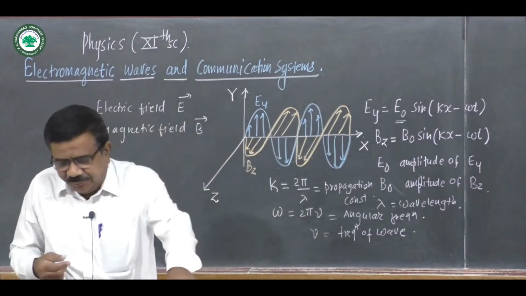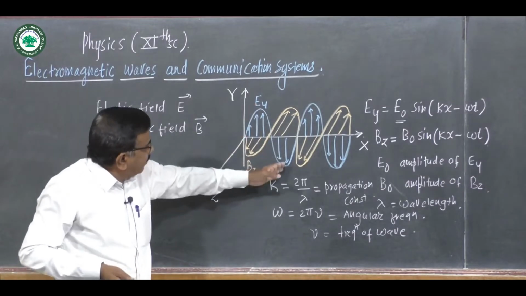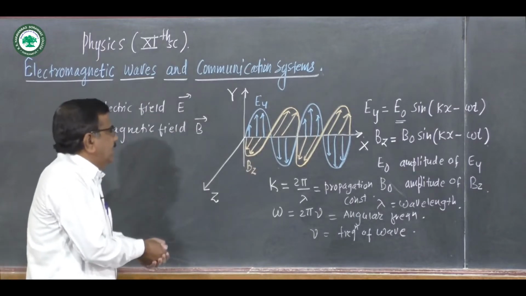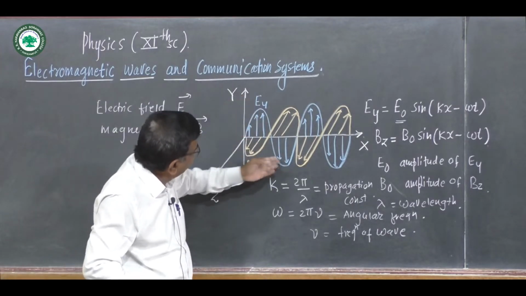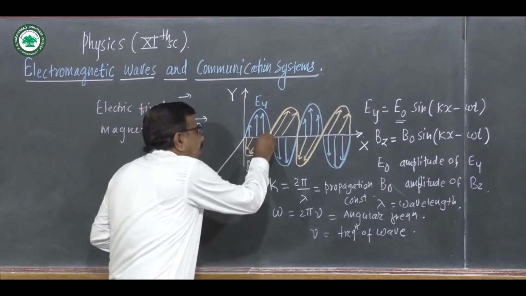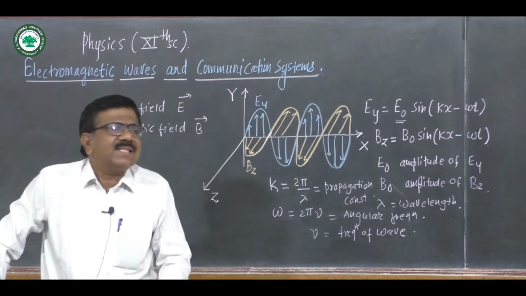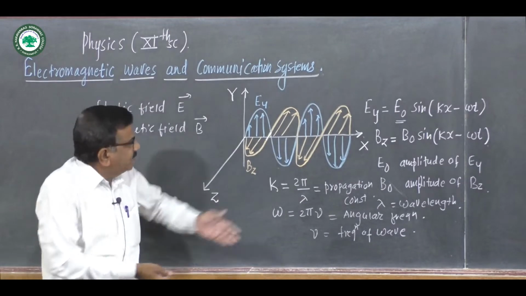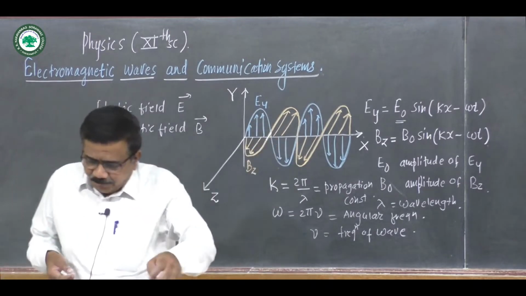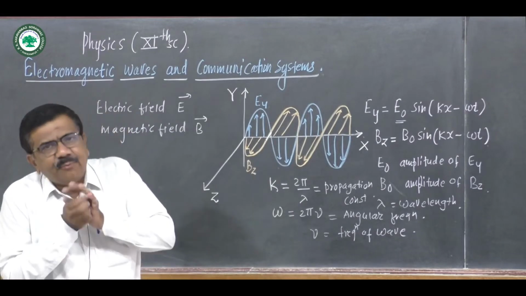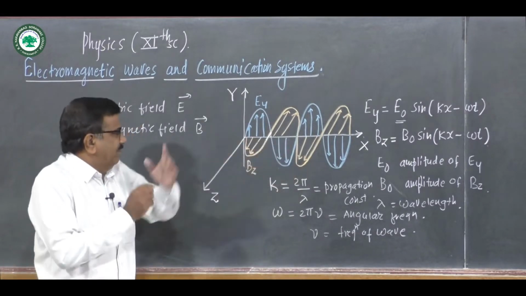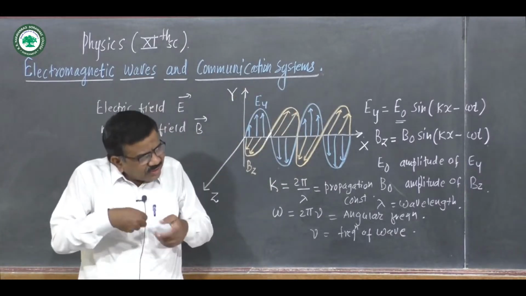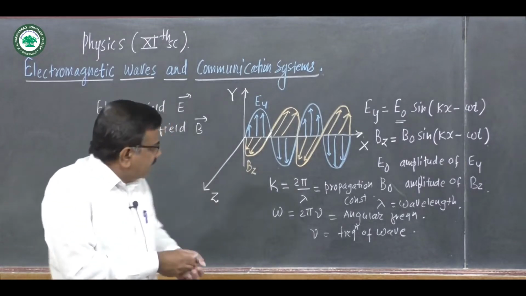Both electric and magnetic fields attain their maximum and minimum values at the same time and at the same point in space. Hence we say that the electric field and magnetic field oscillate in phase with the same frequency.